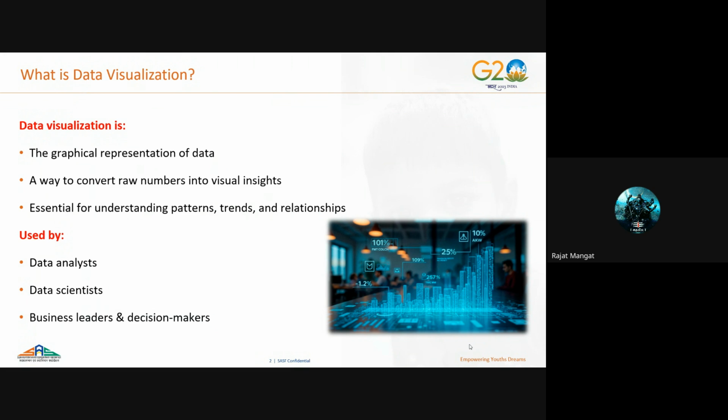So in order to see how our data actually looks on pen and paper in the form of drawings, in the form of bar charts, pie charts that we will see, the graphical representation of that tabular data is called data visualization. So it is a way to convert raw numbers into visual insights.